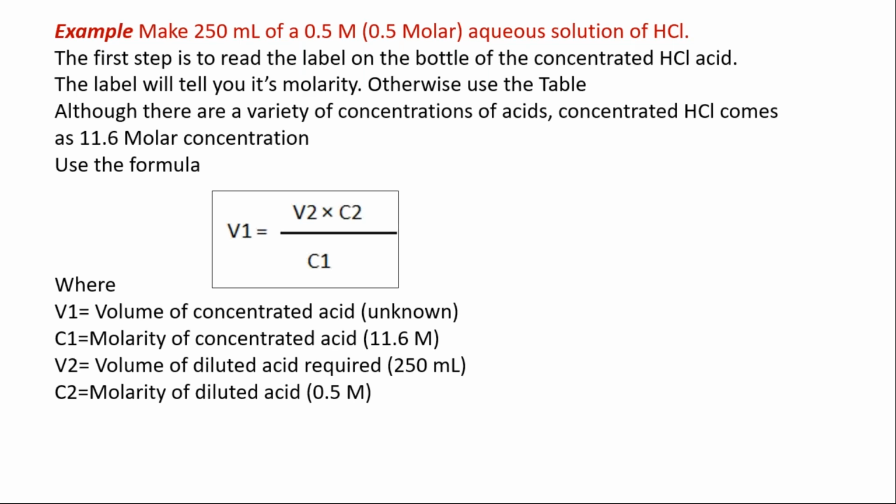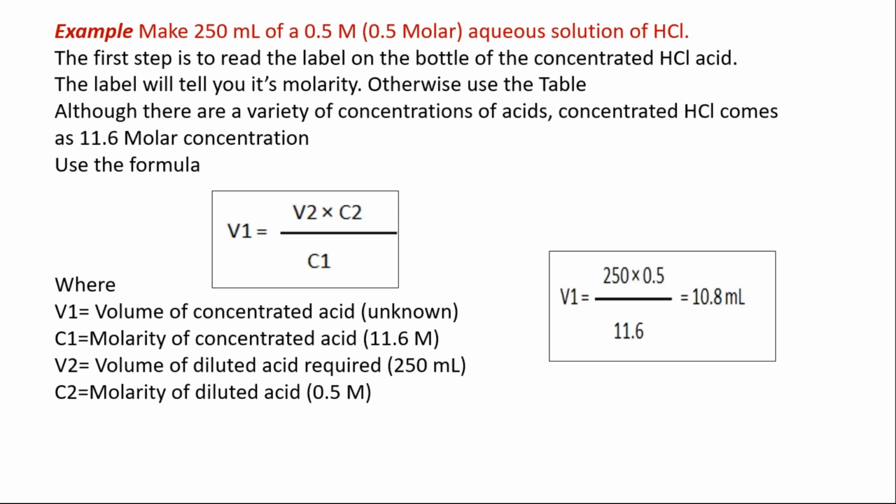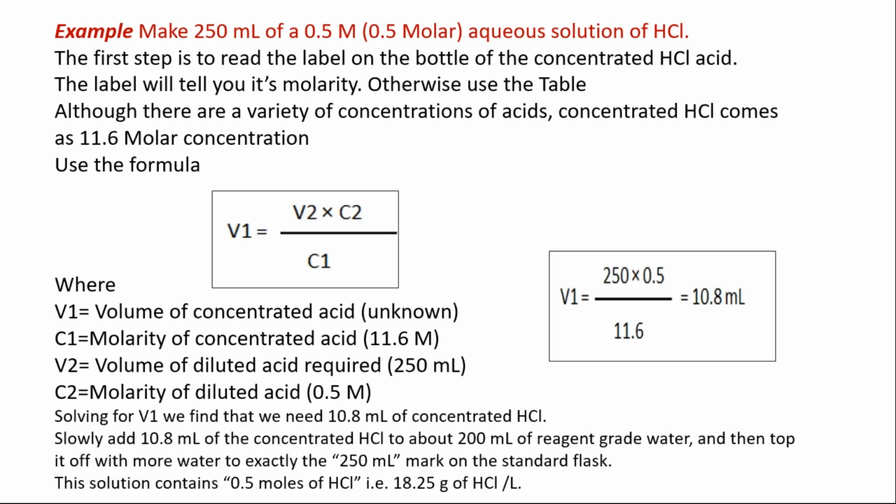The unknown is the volume of the concentrated acid that you require. This formula tells you that you need 10.8 milliliters of concentrated hydrochloric acid, and you have to dilute that to 250 milliliters. Again, do this using a standard volumetric flask.